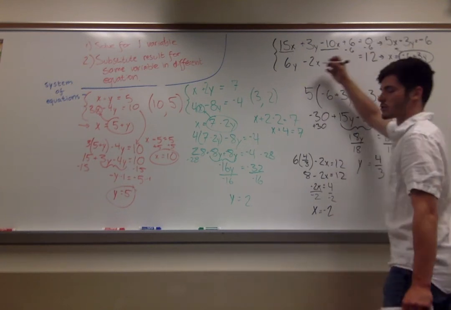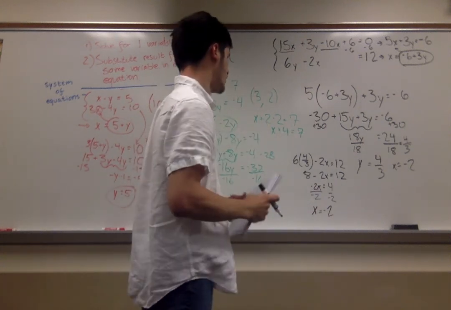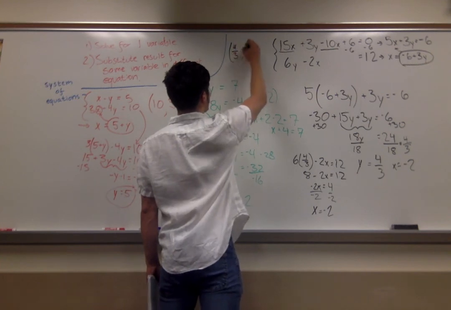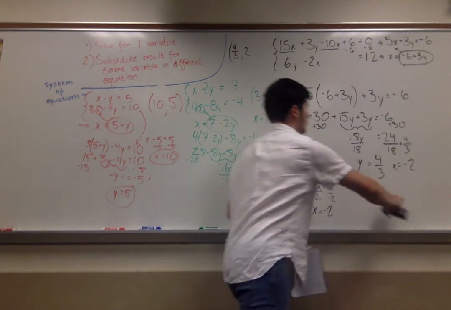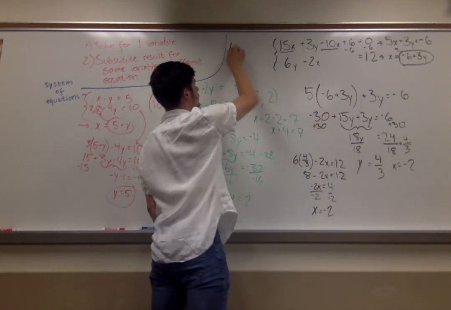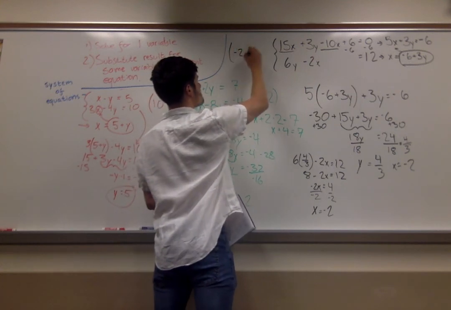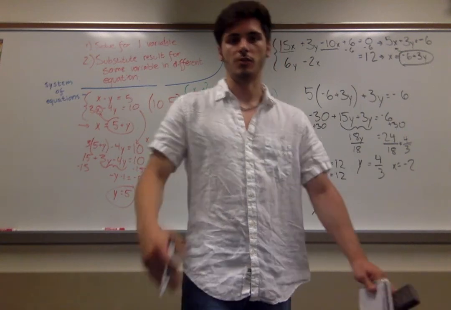And so our answer to this one here. I'm so sorry. Completely messed that up. Thanks for catching me. x is negative 2, y is 4/3. That's substitution.